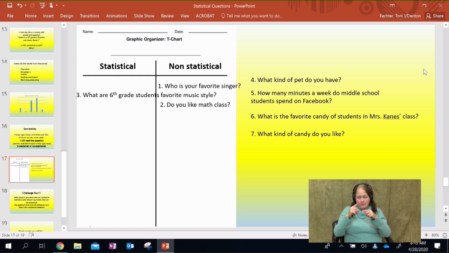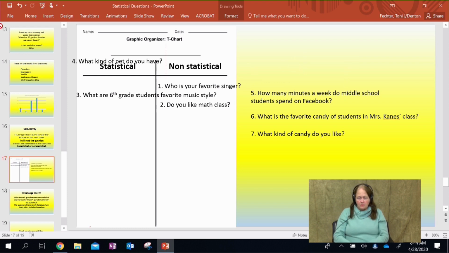And if you made a graph of that, it would just have one line and it would be you. So watch your wording when you're forming your statistical questions, that you have a definite audience. So this one is not statistical. Okay?